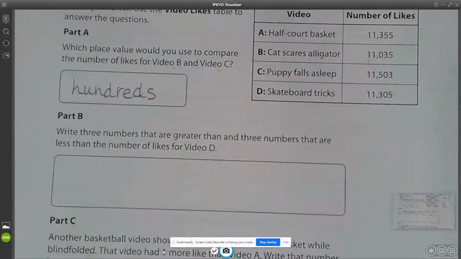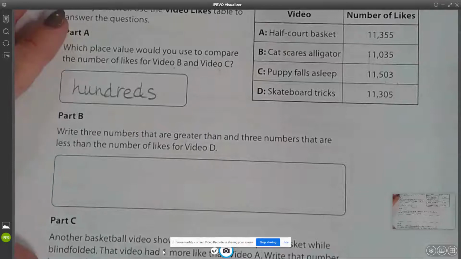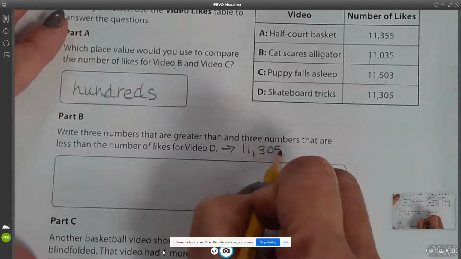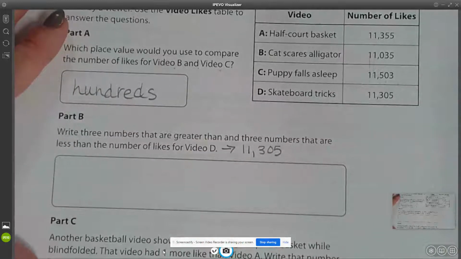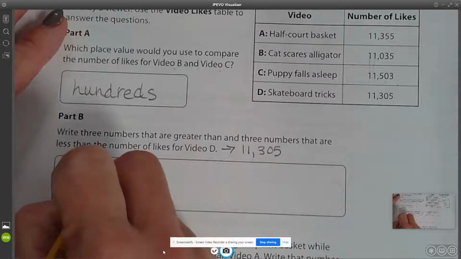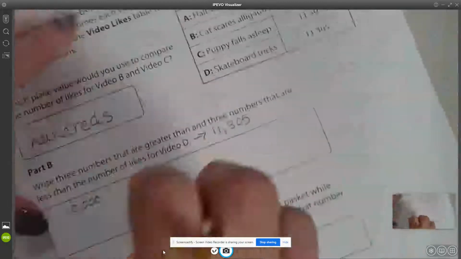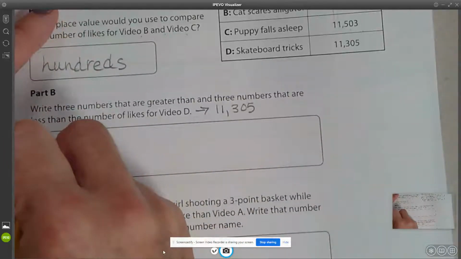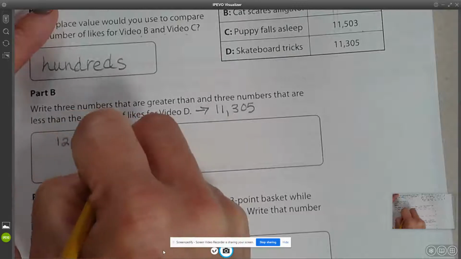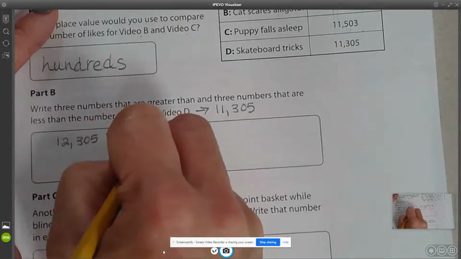Part B, write 3 numbers that are greater than and 3 numbers that are less than the number of likes for video D. So video D is actually 11,305. I could do anything I wanted. Let's start with greater. Let's say that 12,305 is greater than 11,305.